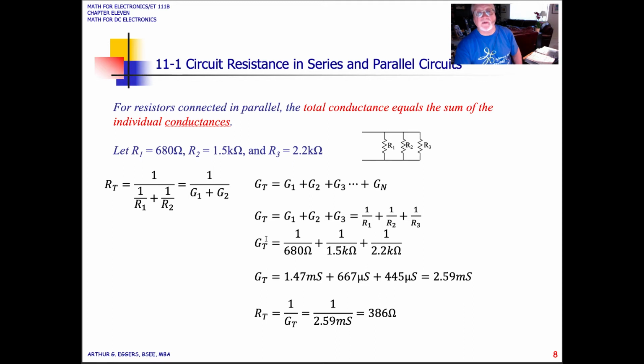So since we were given resistance instead of conductance, we end up taking the inverse relationships for each of those resistors, and now they become a simple sum of 1.47 milli, 667 micro, and 445 micro Siemens, respectively. So then the last step then is converting it back to a resistance by doing the inverse of the operation we did initially, and we end up with 386 ohms.